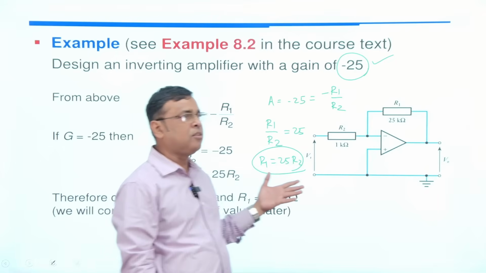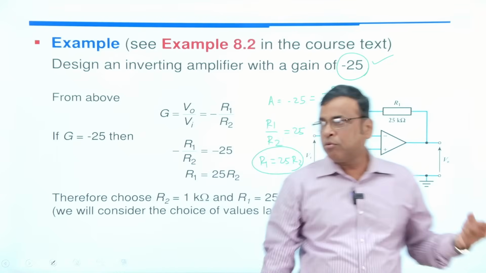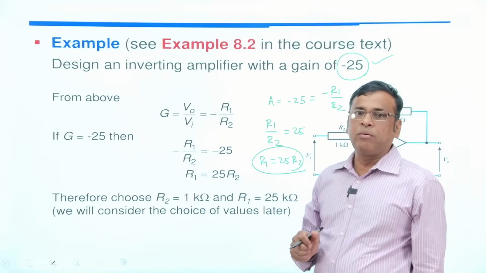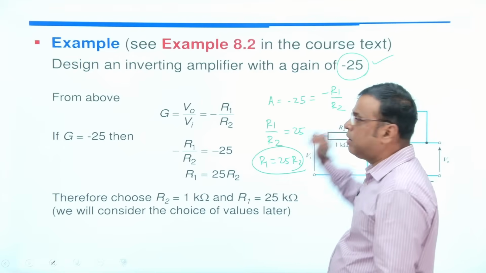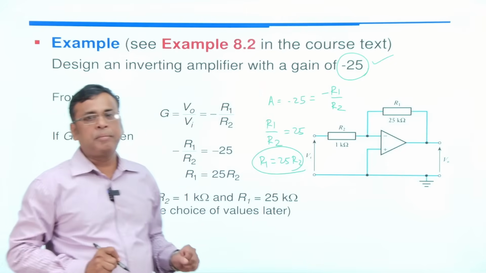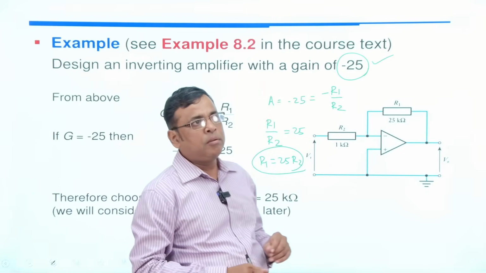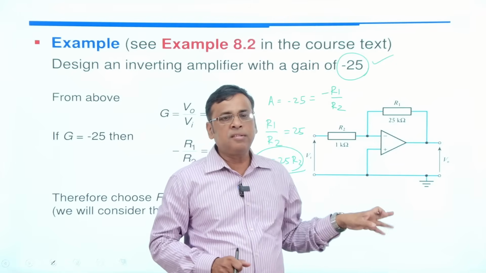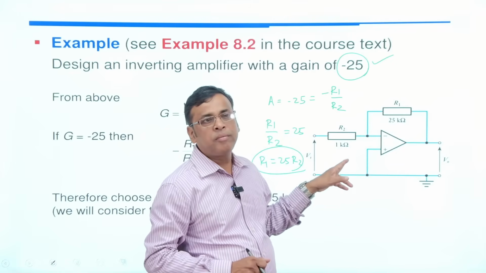As far as design is concerned, if one resistance value is given, you can easily find the other if the gain is given. Here my gain is minus 25. In case of an inverting operational amplifier, the gain is minus feedback resistor R1 by R2. In case of non-inverting, the gain is 1 plus R1 by R2.